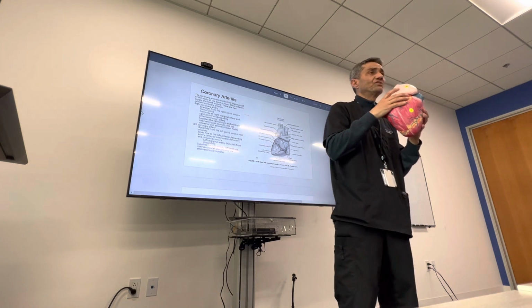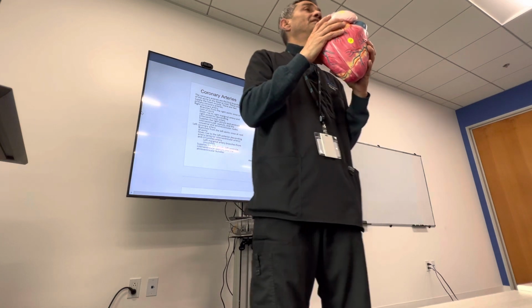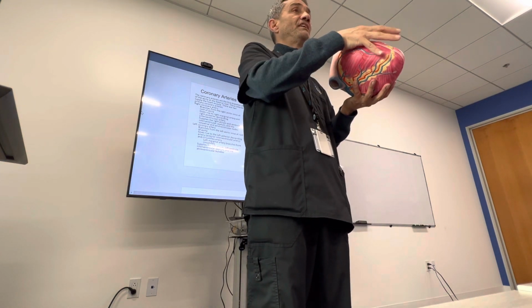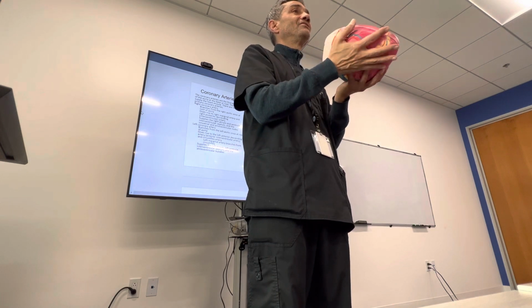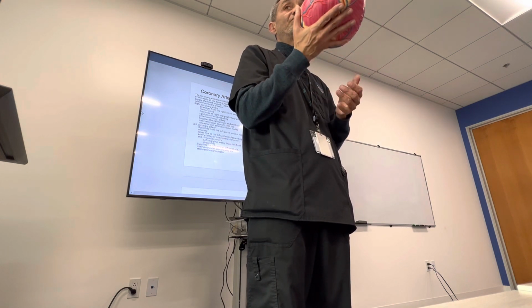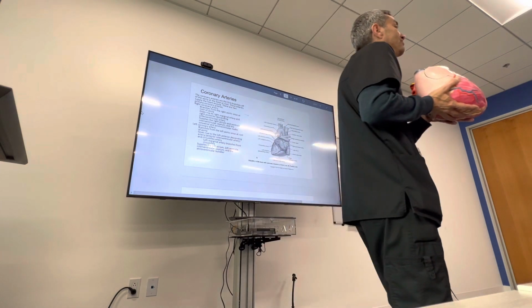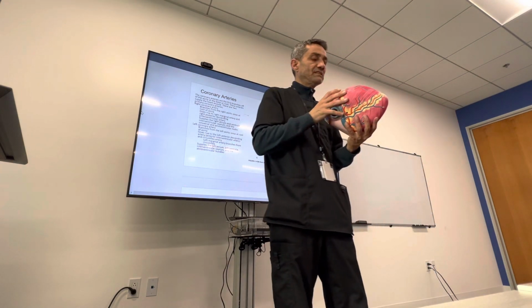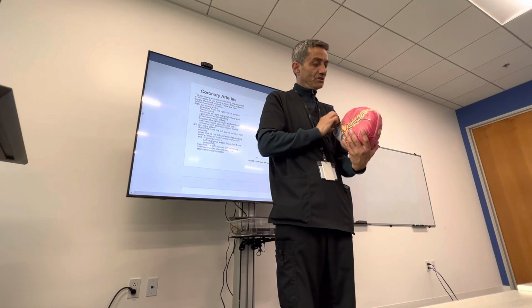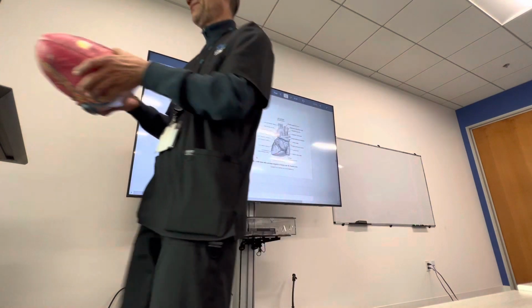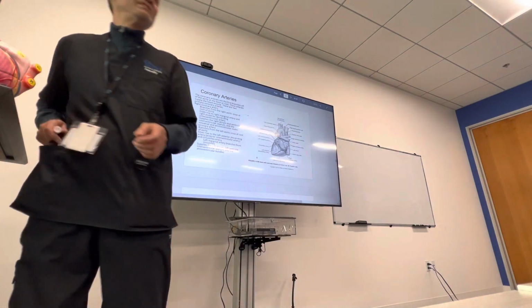Each of those arteries is going to supply a surface of the heart. The right coronary artery is going to supply the right side, posterior face. The left one will supply the left side, anterior face. Each of those is going to give a big branch. Okay, we use this one.